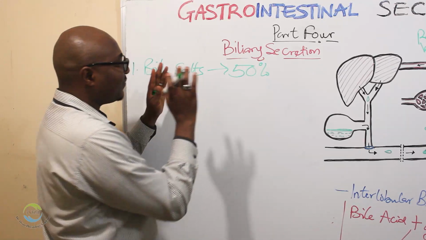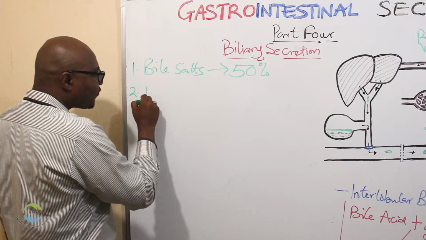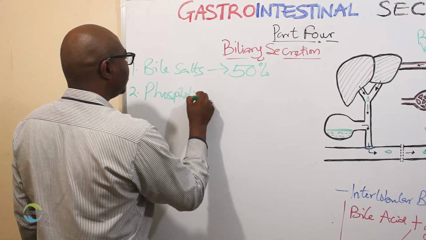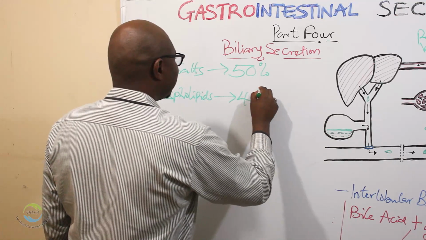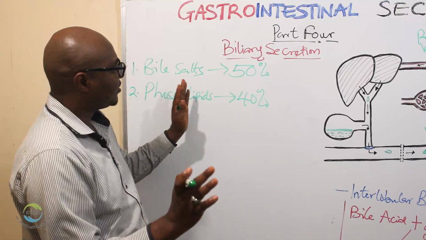Bile is composed 50% of bile salts. So number 2, phospholipids. Bile contains phospholipids 40%.